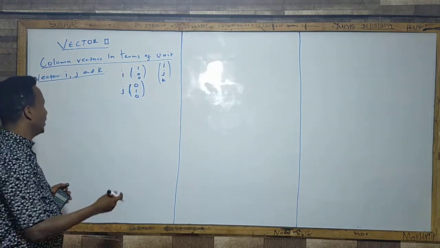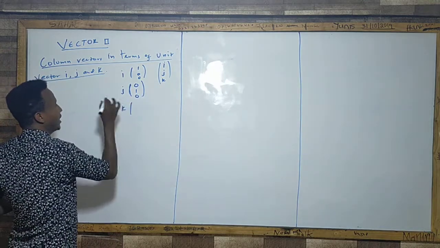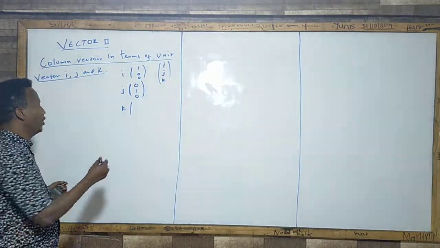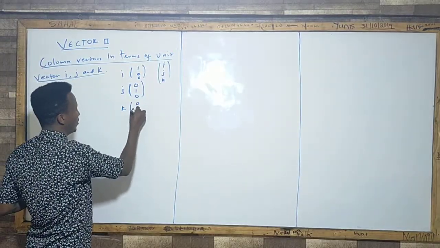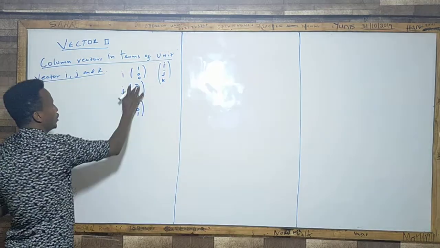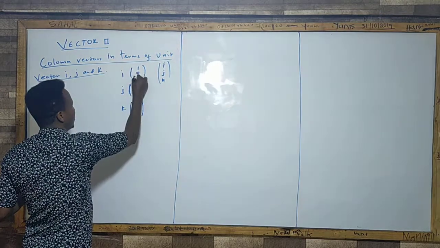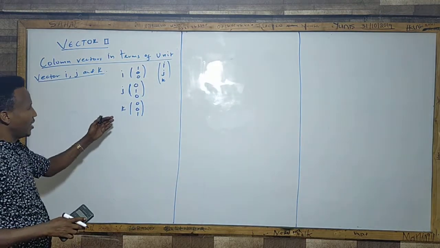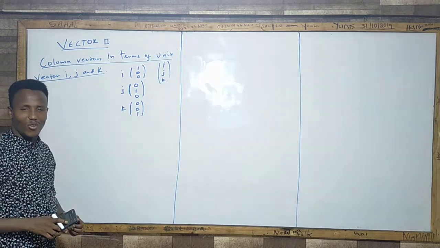Then when you're talking about K, K will have a value of 1, but the other two will have a value of 0. So you're going to say 0, 0, 1. Make sure you understand this first. So I is 1, 0, 0, J is 0, 1, 0, and K is 0, 0, 1.